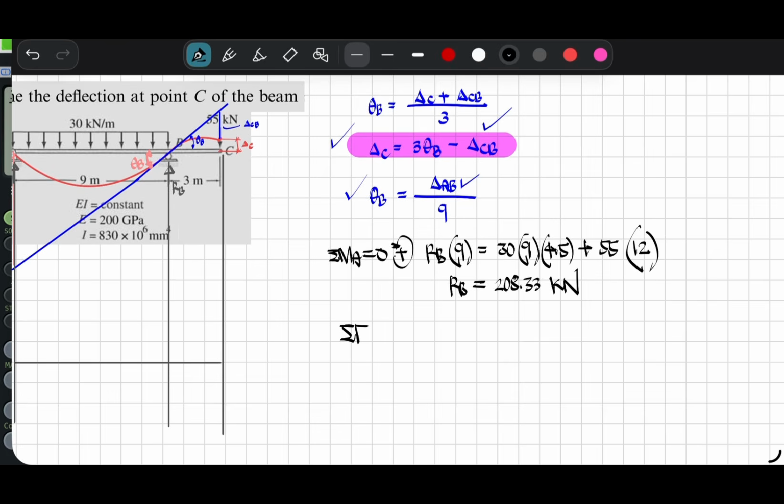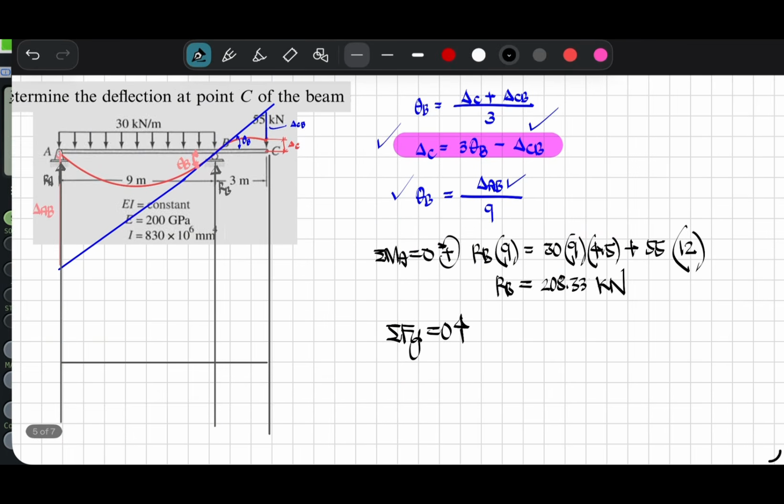Then summation of forces along the vertical equal to 0. RA is equal to 30 times 9 plus 55 minus 208.33.